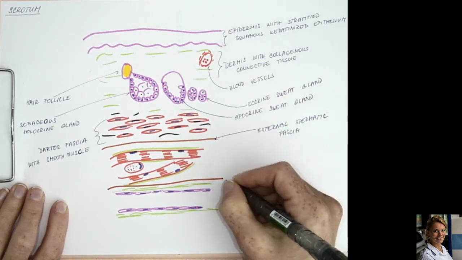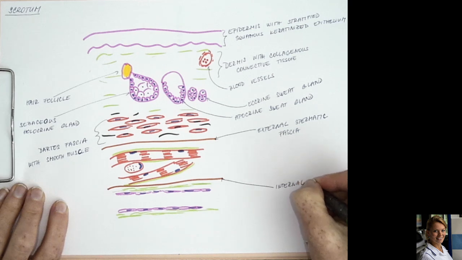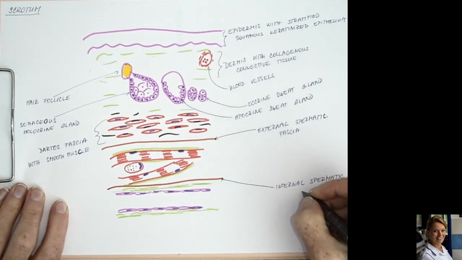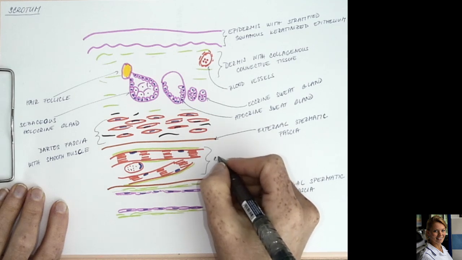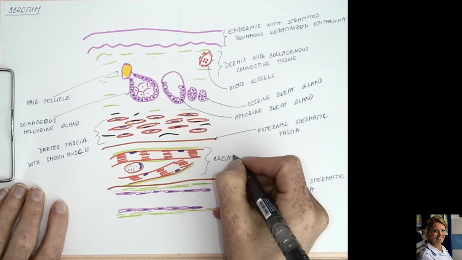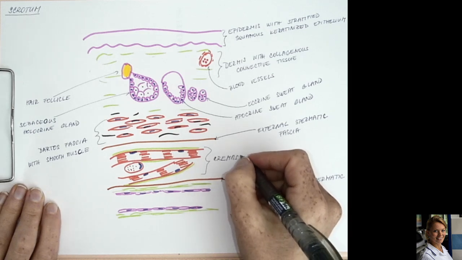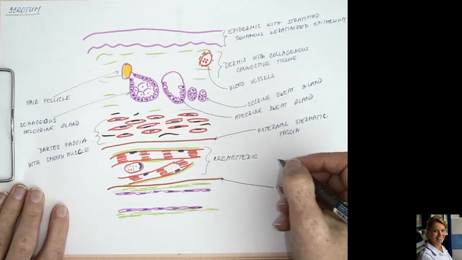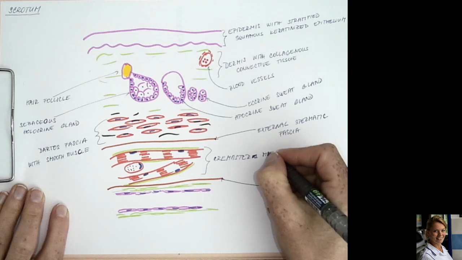Internal spermatic fascia. In between is cremaster muscle. Cremasteric muscle also.